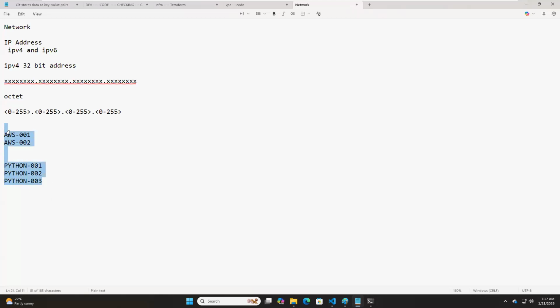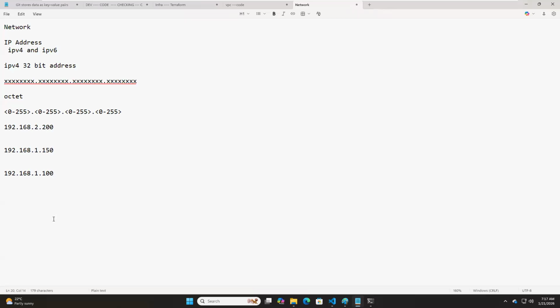But how will computers understand that? If I give 192.168.2.200, 192.168.1.150 and 192.168.1.100, how will computers understand whether these computers belong to the same network or a different network?